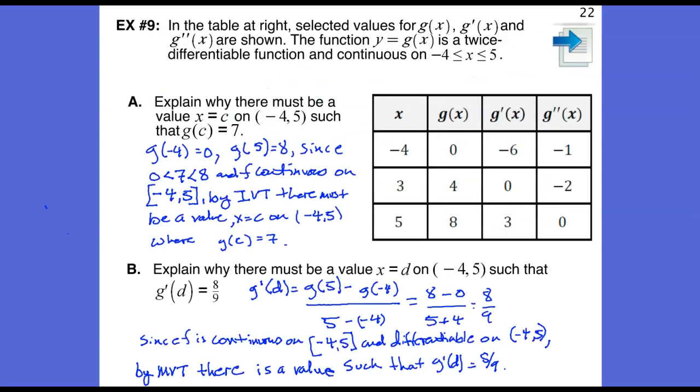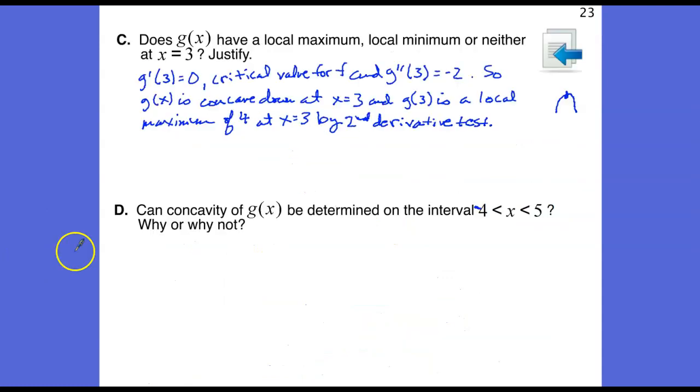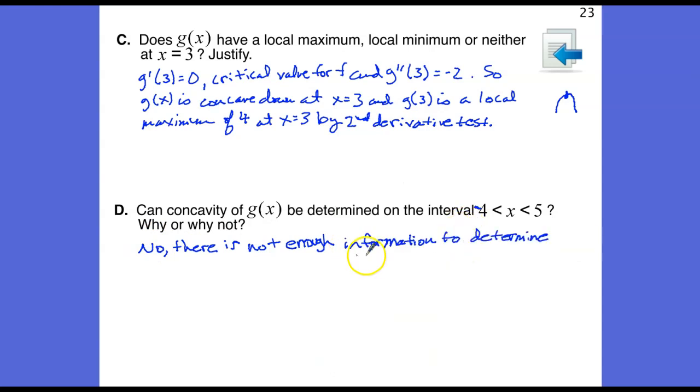So on the interval from -4 to 5, I have the endpoints, but I only have one point in the middle, and there are infinitely many points missing that could be potential points of inflection. So there's not enough information. Let's make an argument for that. No, there is not enough information to determine concavity on the open interval -4, 5.